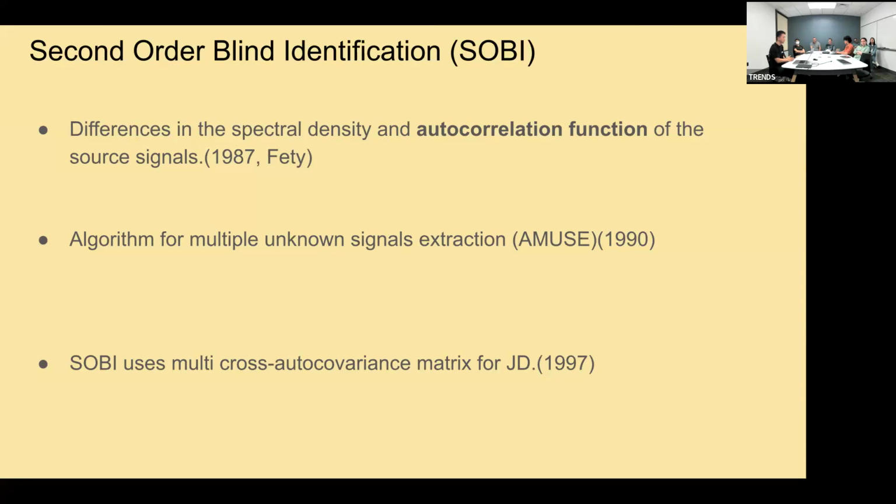It will make it more robust. They invented an algorithm to do the joint diagonalization, and people are trying to update it until now. Some other JD methods were invented. I put this one here because I found it in a book, considered the earliest paper using joint diagonalization. It's not popular, but at least people were starting to do that.